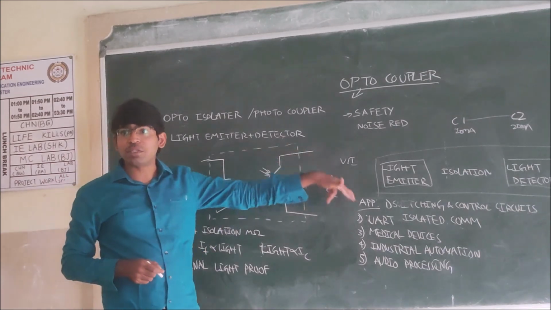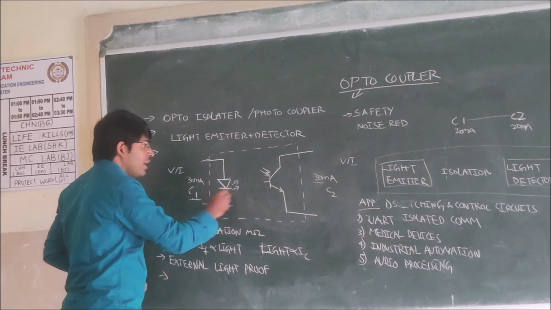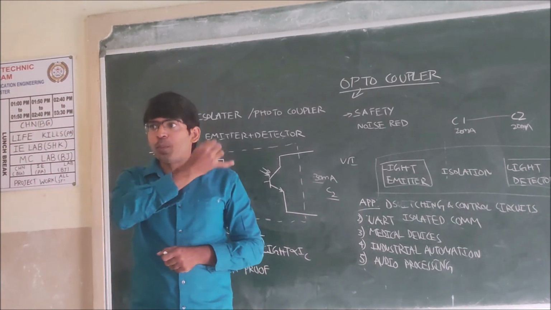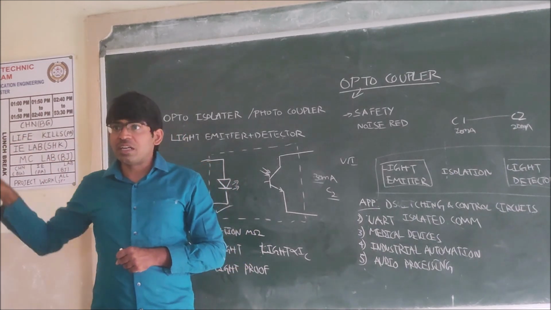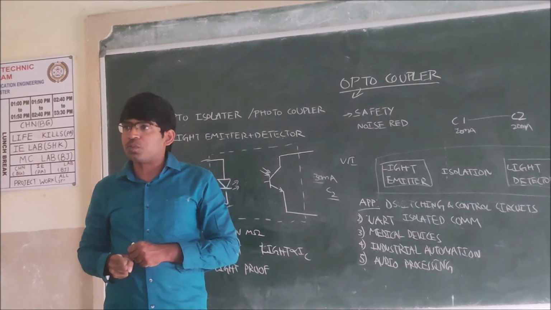So we are getting the same signal to circuit 2, but we did not connect circuit 1 and circuit 2 physically. We did not connect circuit 1 and circuit 2 by using wires. We did not have any electrical connection between circuit 1 and circuit 2.